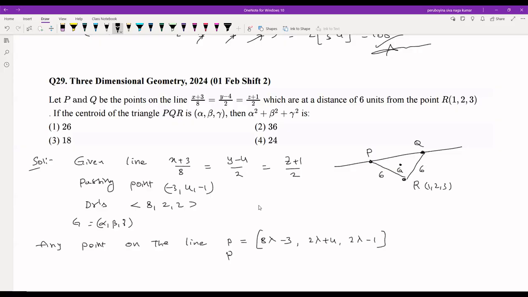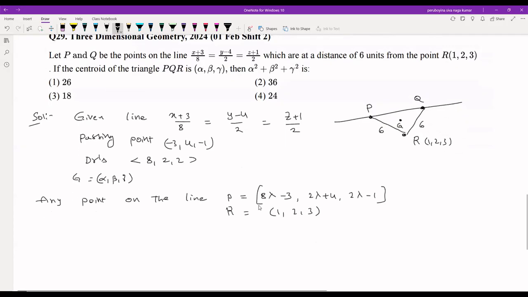And the R point was given as 1, 2, 3. Here we have a clue that PR will be 6 units. Let's calculate the distance, or make it 36 by squaring on both sides. 8 lambda minus 3 minus 1 whole square plus 2 lambda plus 4 minus 2 whole square plus 2 lambda minus 1 minus 3 whole square equals 36.